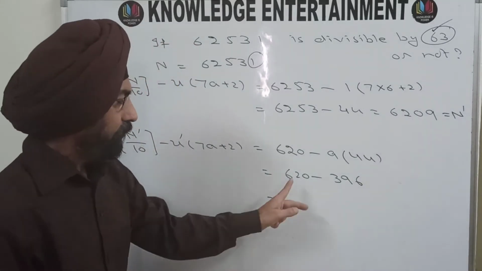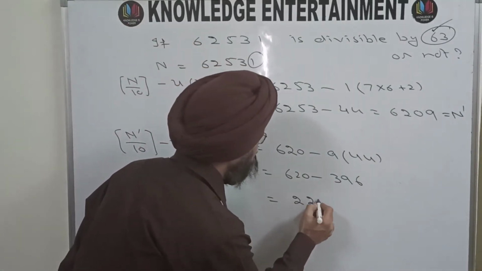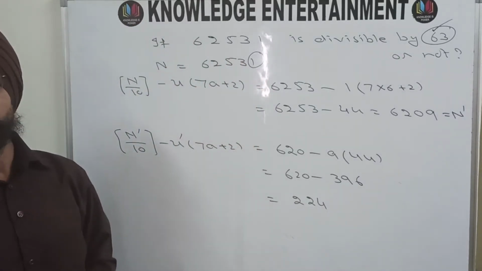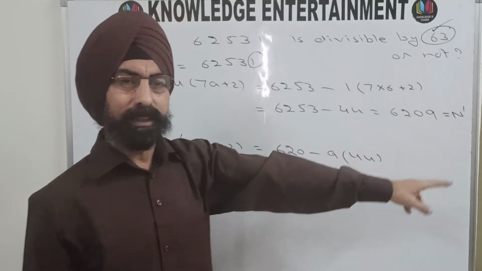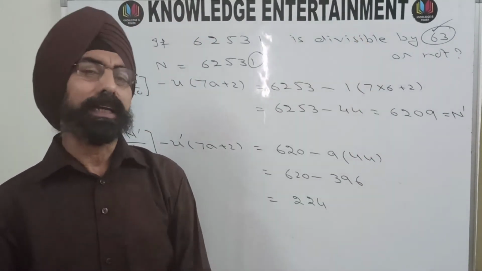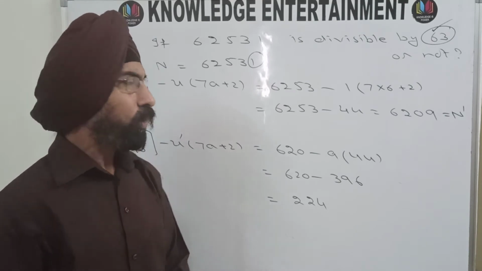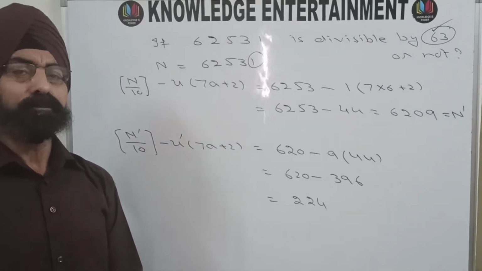And now subtracting, you will get 224. And now you just have to check whether your 224 is divisible by 63 or not. And you know that 224 is not divisible by 63. So your original number 62531 is also not divisible by 63.